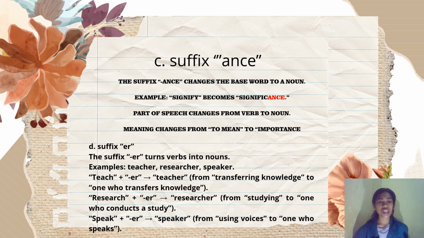Next, the suffix "er". The suffix "er" turns verbs into nouns. Examples: teacher, researcher, and speaker. Teacher comes from the base word teach, and then we add the suffix er to become teacher, from transferring knowledge to one who transfers knowledge.